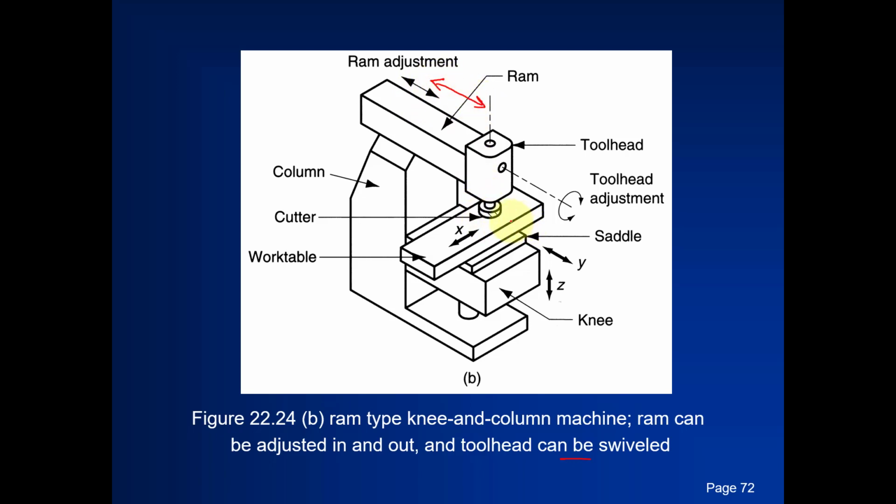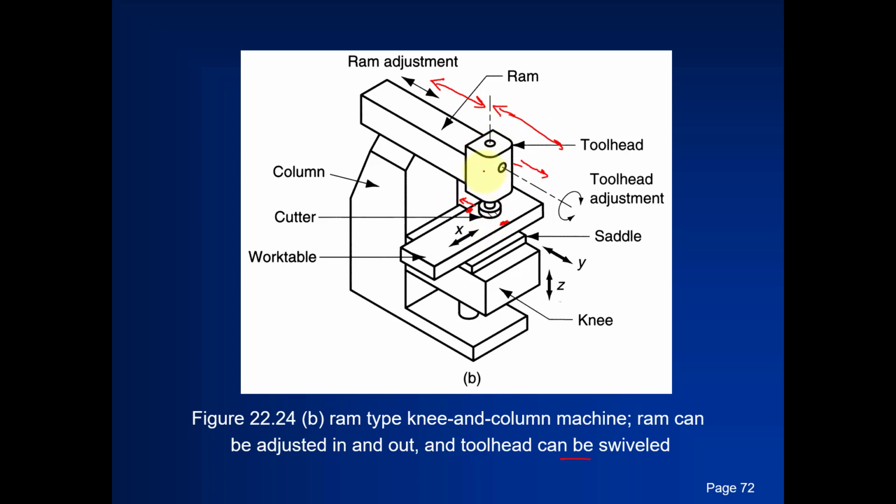For example, if you need to mill the part over here, you can move the ram in this direction to this point. And if you need the operation to be performed over here, you can move it toward the back position. So again, the ram can be adjusted in this direction as well as in this direction.